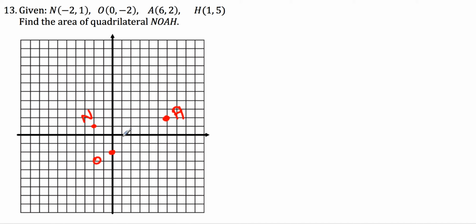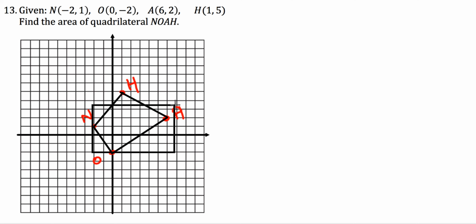H is 1 comma 5. So if I have to connect them with the line segment, alright, so how are we going to find the area of this quadrilateral? Same way as before. I'm going to try to draw a box around it.